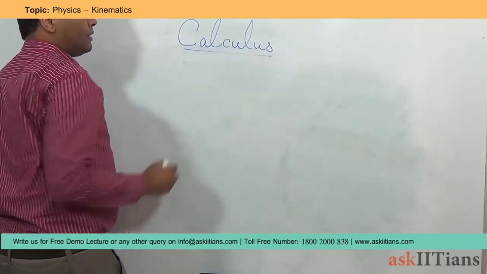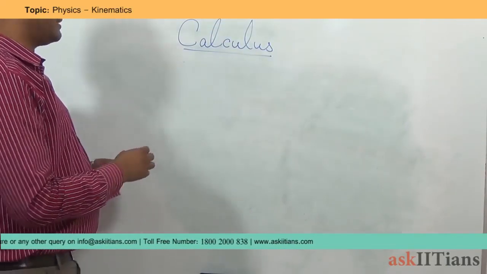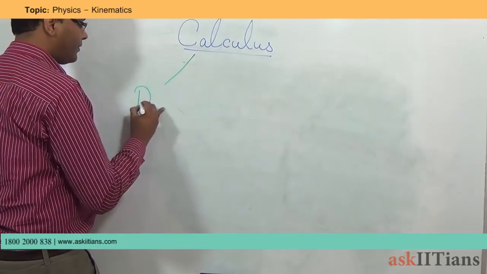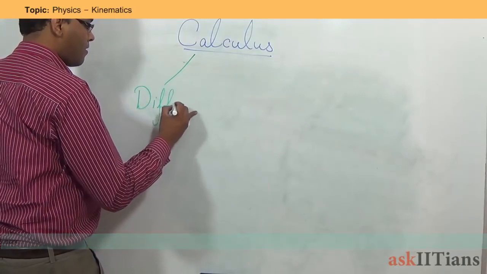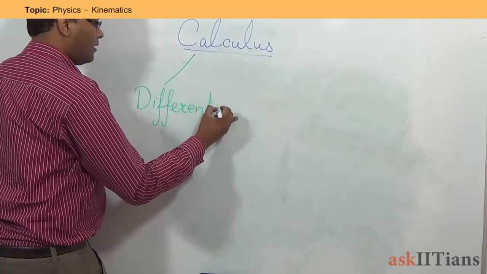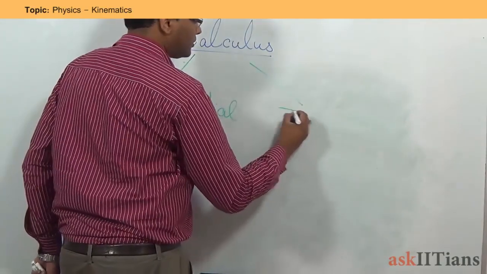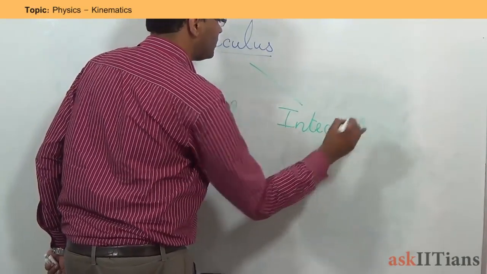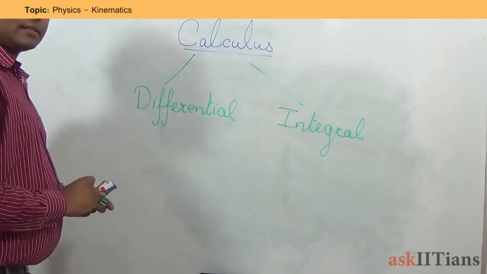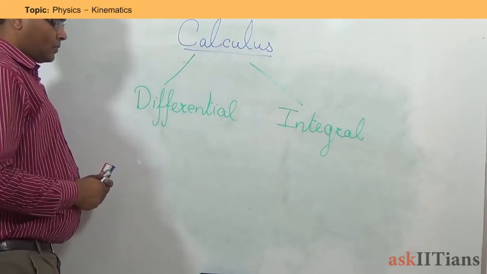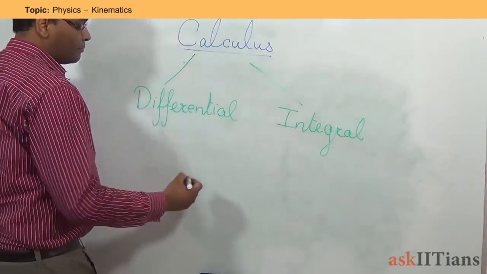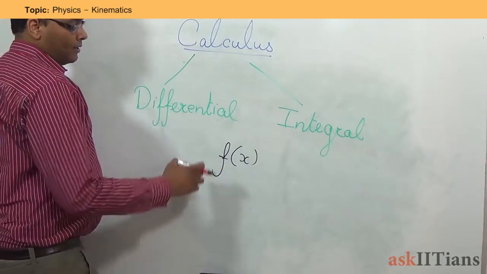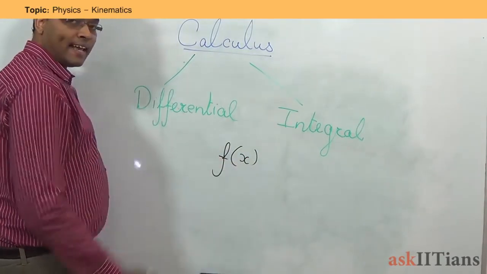Now in the calculus we have basically two types. One is known as differential and the other one is known as integral. What is the difference? Supposing you are given a particular function f(x), the function f(x) has the argument x.